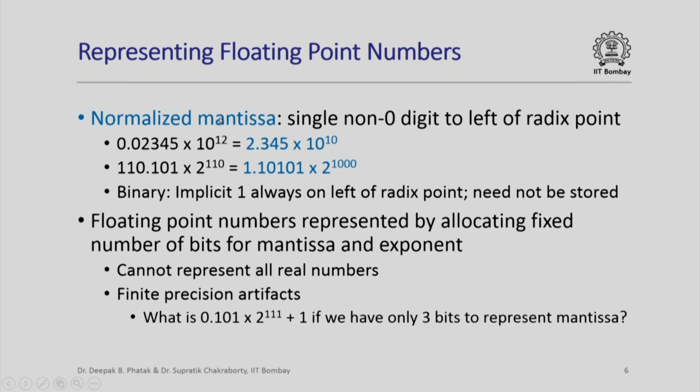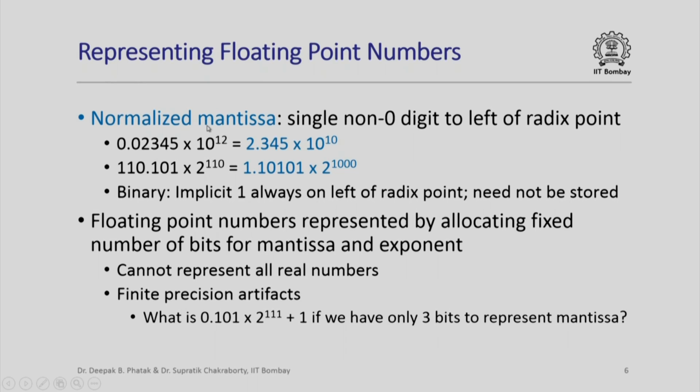Now when we write mantissa, the same number can be represented in 2 different forms. For example, in decimal 0.02345 times 10 raised to 12 is the same as 2.345 times 10 raised to 10. So which of these should I take as my mantissa, 0.02345 or 2.345?